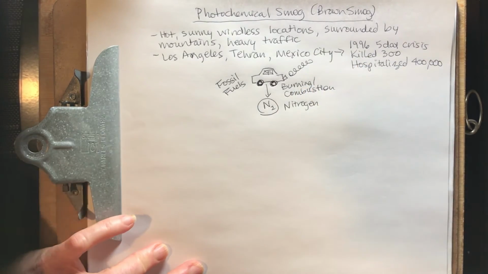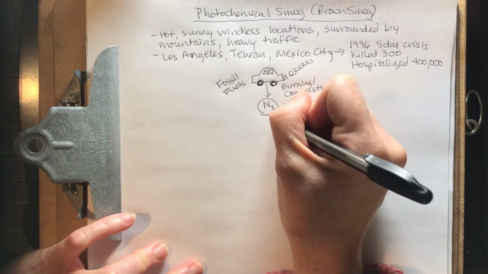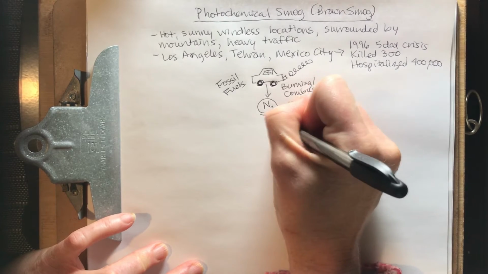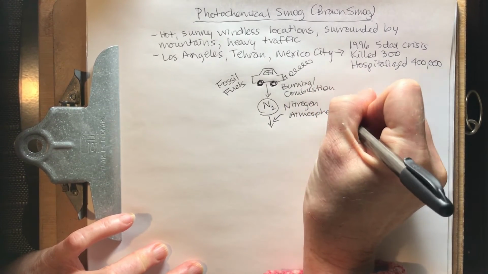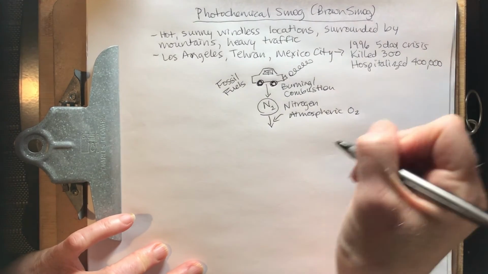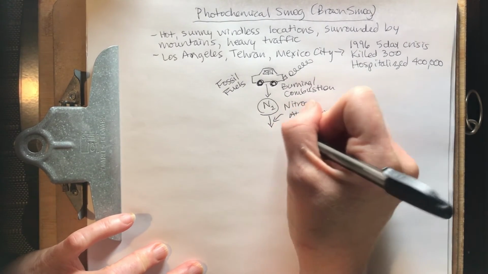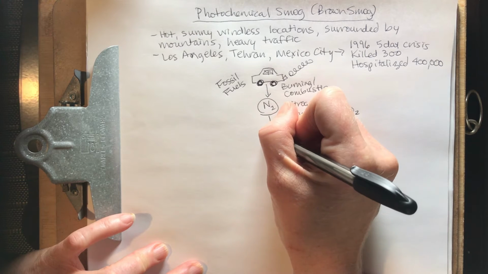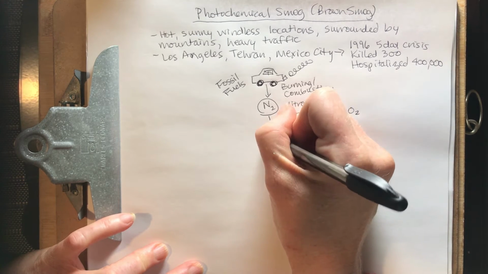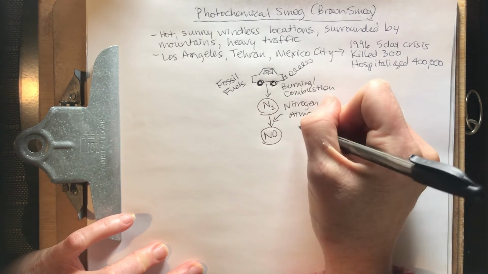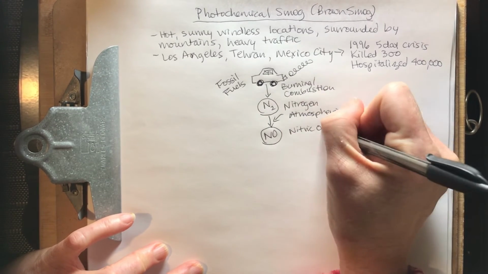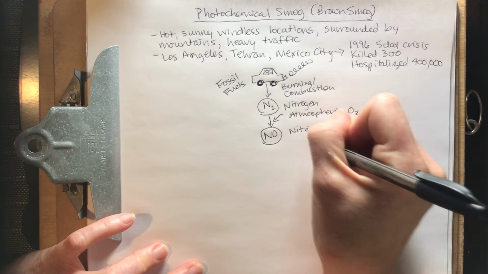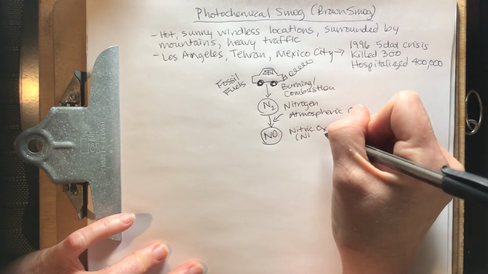And once again, this nitrogen is going to react with things around it, including atmospheric oxygen, to form nitric oxide, NO, which is also known as nitrogen oxide.